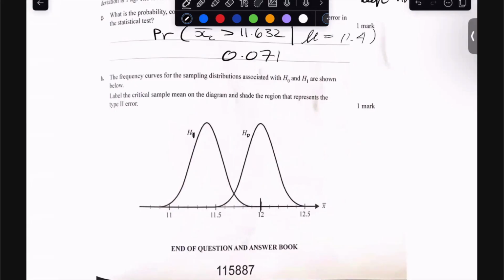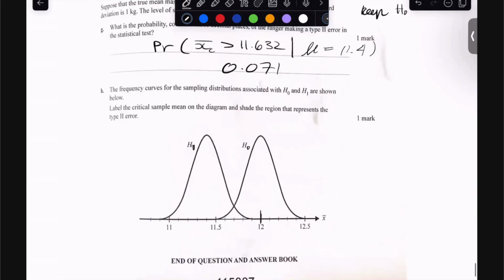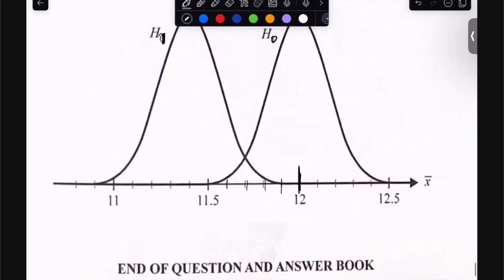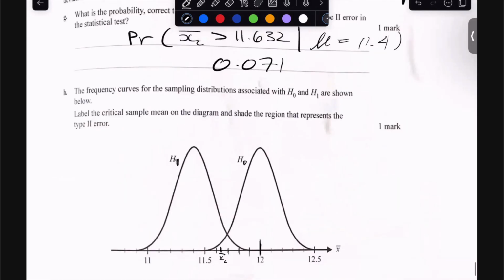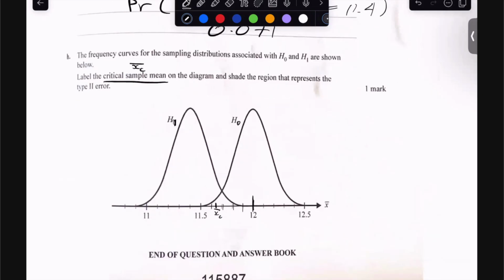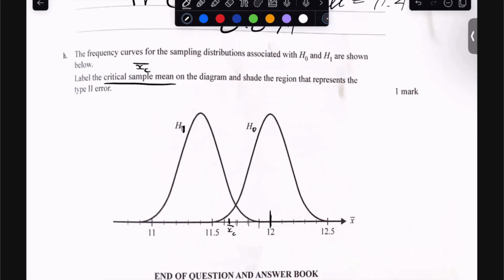But anyway, label the critical sample mean on the diagram and shade the region that represents the type 2 error. So the critical sample mean was 11.632. So these are going 11.6, 7, 8, 9, 12. So 11.63 is about there. Now I'm just going to write XC, this is critical sample mean, and shade the region that represents the type 2 error.